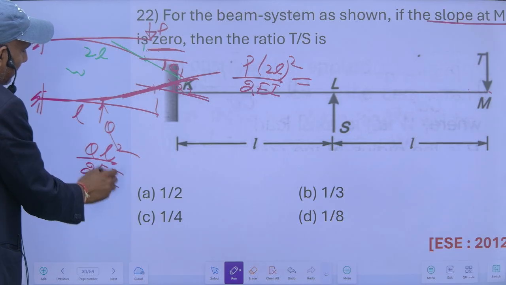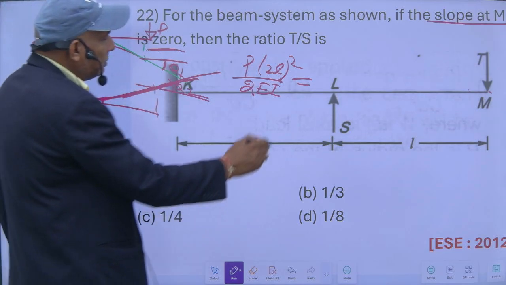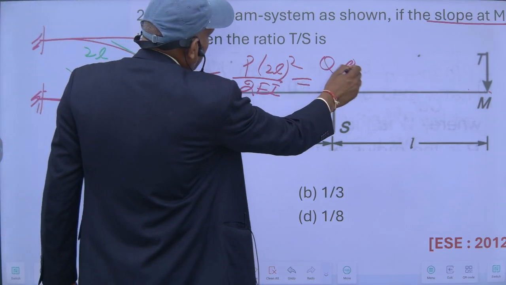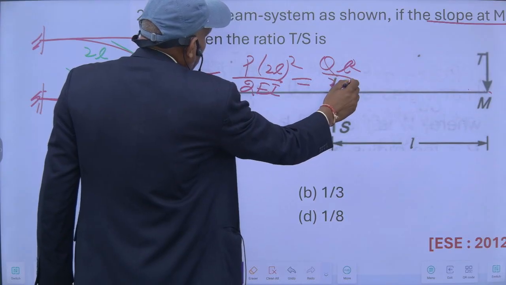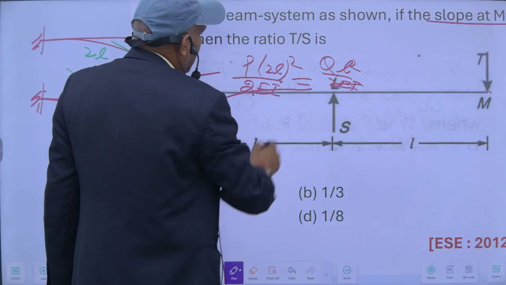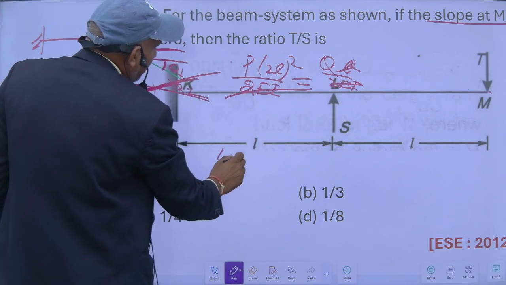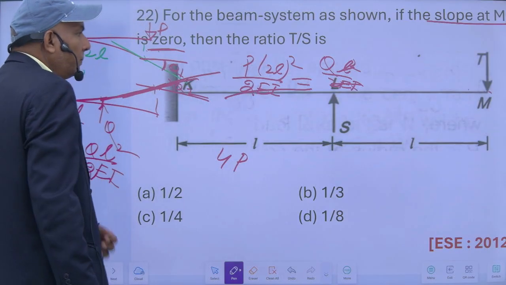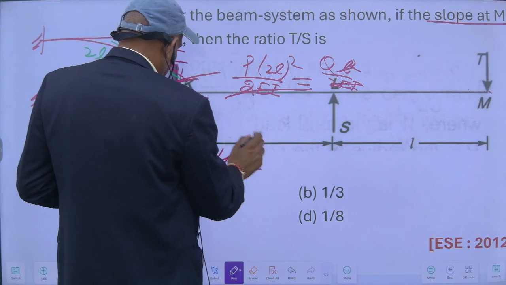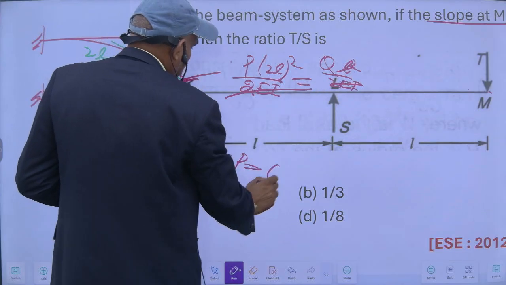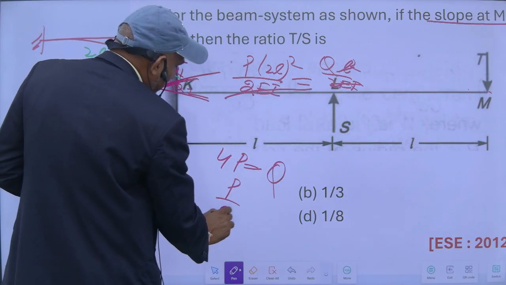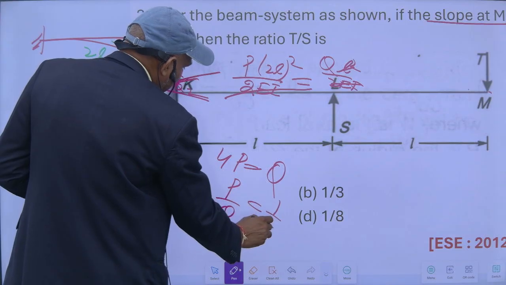The same slope will be here, so it will be QL square upon 2EI. This L square will also go, so 4P is equal to Q. So P upon Q will be 1 by 4.